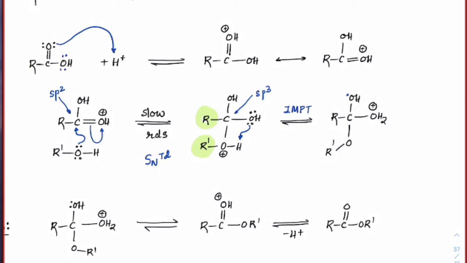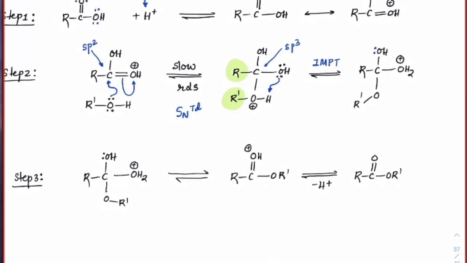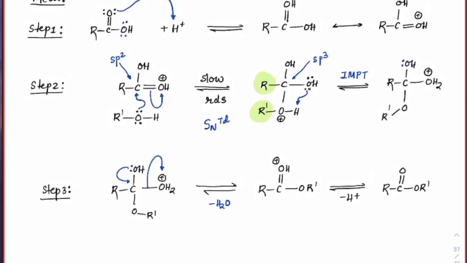So the lone pair present here will try to remain as double bond, and I'll write it here, the third step. So the lone pair will become double bond here and OH2 will leave. So you can see the leaving group here is H2O. Every step in this is reversible. Just by changing some concentrations or changing some amounts, we can keep shifting the reactions into backward or forward direction. Okay, so OH2 will leave here.